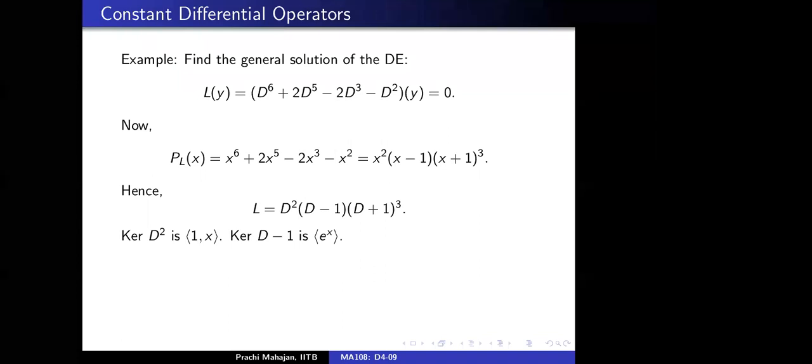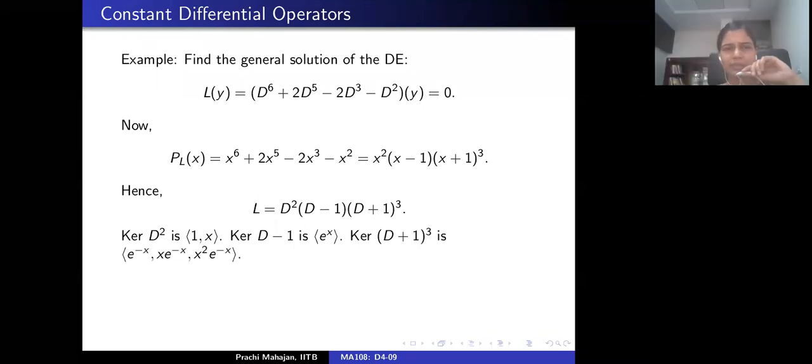E raised to minus x, x e raised to minus x, x square e raised to minus x. Correct. Every other solution must be in the linear span of these, because the dimension is 3 and we have found 3 linearly independent vectors. Great. Now, having found this, what is it that we could do? We have to look at the solutions of this order 6 linear operator, right?